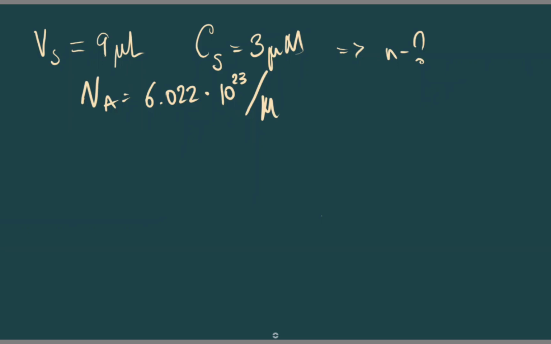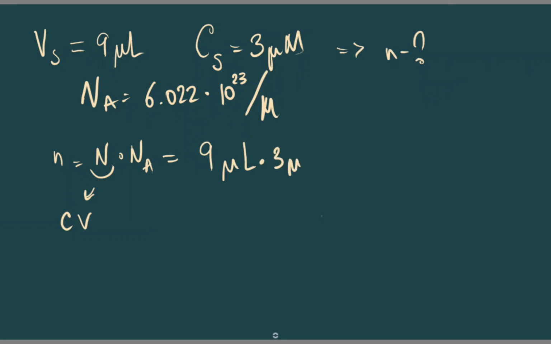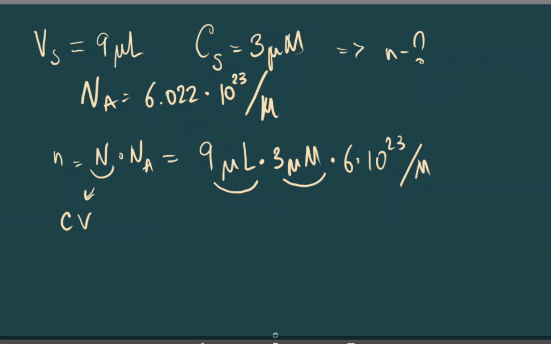And now we have the formula, which is N times Avogadro number equal to C times V. From here we know that 9 microliters times 3 micromolar times 6 times 10 to the power of 23 per mole, and we need to represent these microliters and micromolar concentration in liters and molar to be able to get rid of these moles and liters.